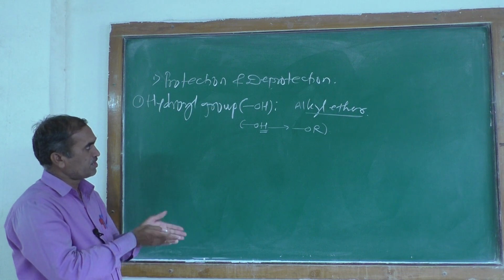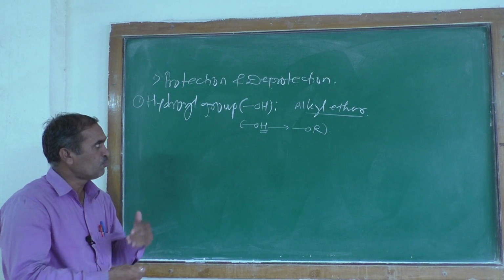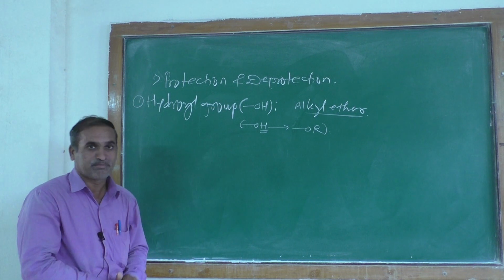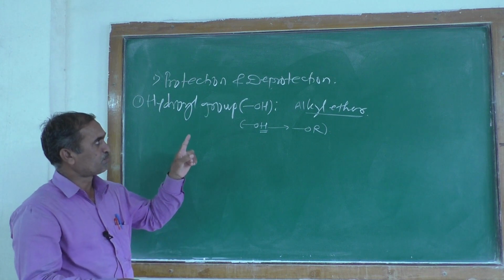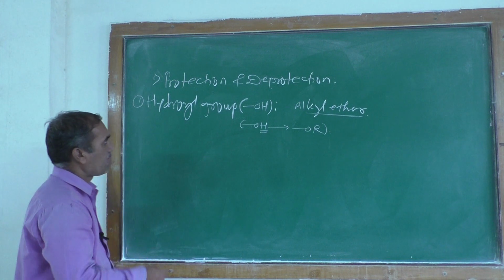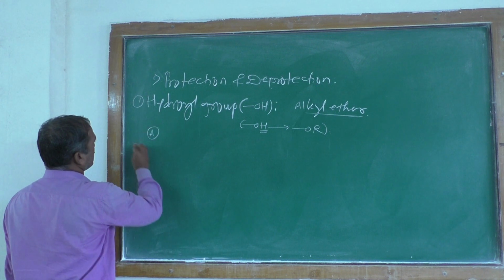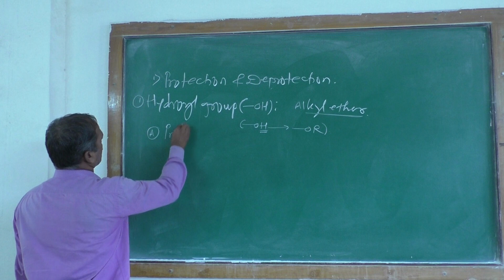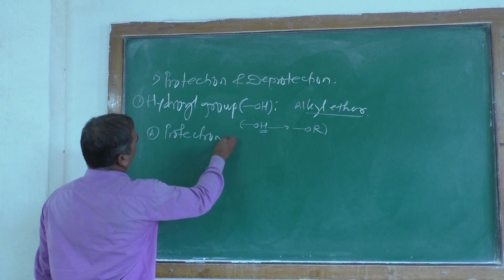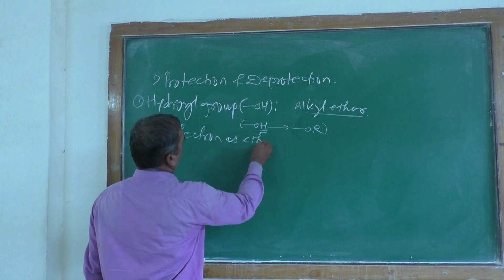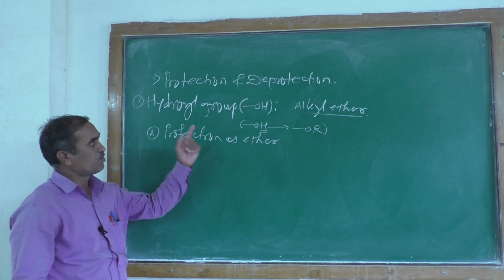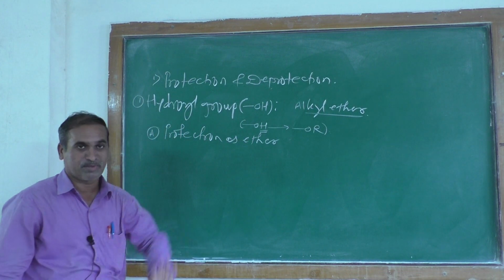Now the first reagent: how will you replace that hydrogen by an R group? So, protection as an ether. Protection as an ether means the hydrogen atom gets replaced by the alkyl group.